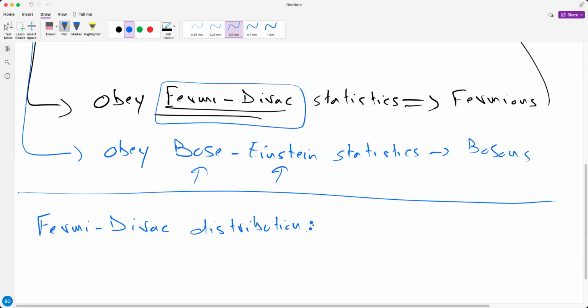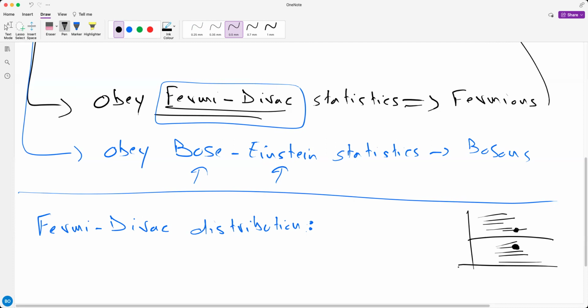The Fermi-Dirac distribution is the probability of occupation of an energy state. If I take, as I mentioned, those energies here and there, the Fermi-Dirac distribution gives the probability for this state to have an electron, and the probability for that one to have an electron.